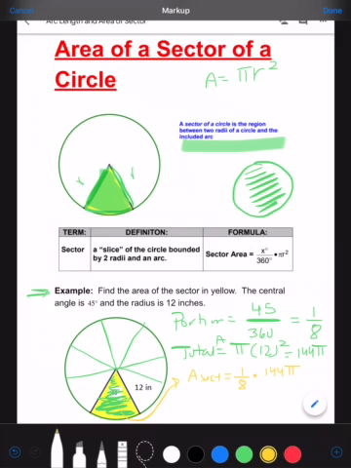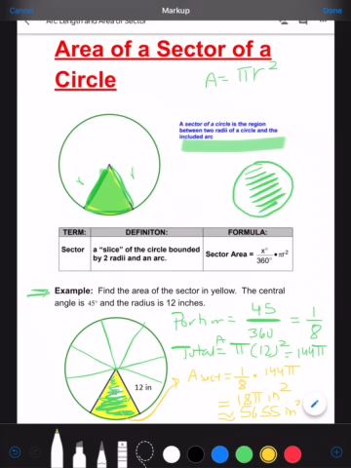We simplify this, and this is 18 pi. And because we're talking about inches, an area, inches squared. And then 18 pi, you can also plug it in the calculator. And this is going to be 56.55 inches squared. Remember, don't round to the whole number unless you are asked to, okay?